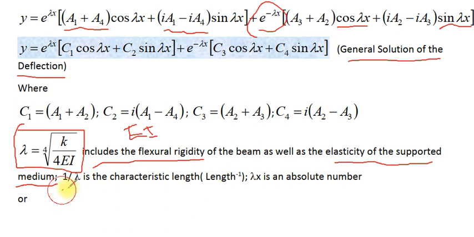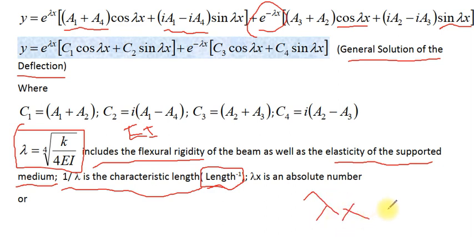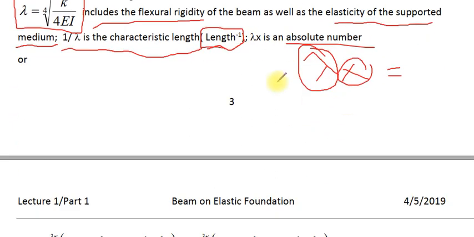1 over lambda is called the characteristic length. Lambda has the inverse unit of length, and x is a length, so lambda x is an absolute number.